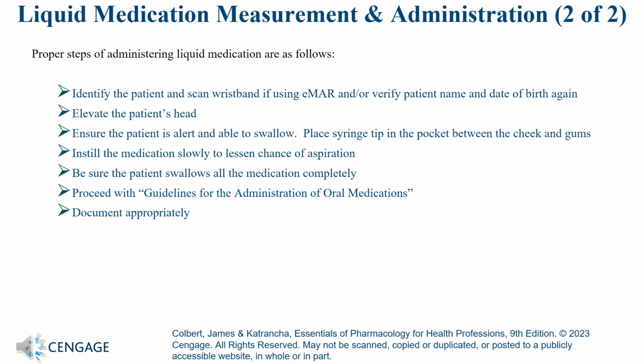We want to push the medication slowly so we can lessen the chance of aspiration. We also want to double check and make sure that the patient swallowed their medication completely. We proceed with the guidelines for the administration of oral medications. And then, of course, we always have to document. We document when we gave it, how we gave it, how they tolerated it, and so forth.